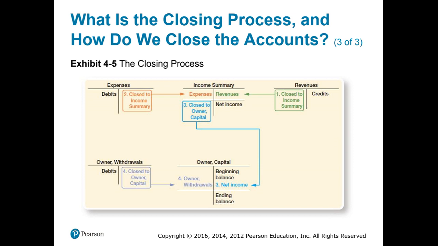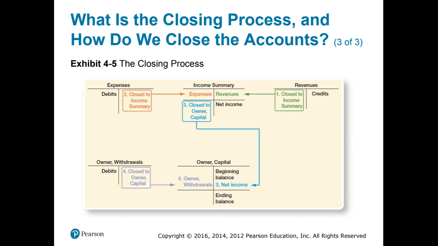And we're going to bring that over to the owner capital account as well. And so now in owner capital, we have our beginning balance of whatever that was. We've included our owner withdrawals that came from here. We've brought in our net income, which came from our income summary. And now we have our ending balance of owner's capital.